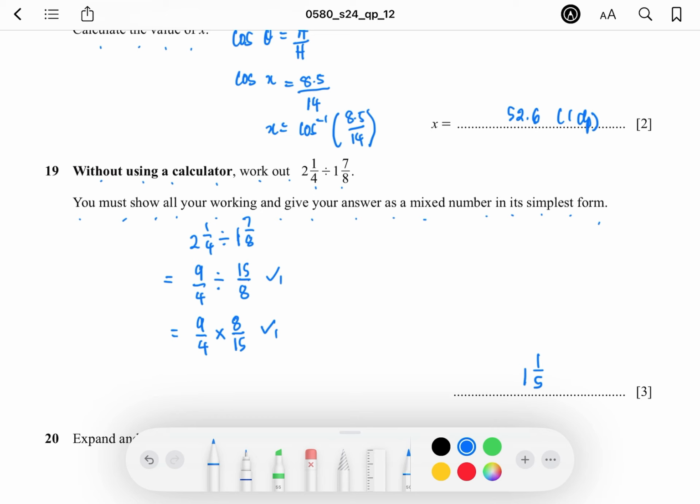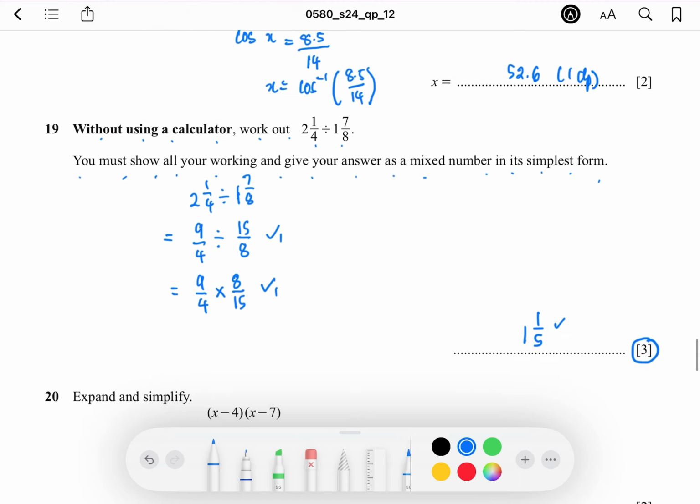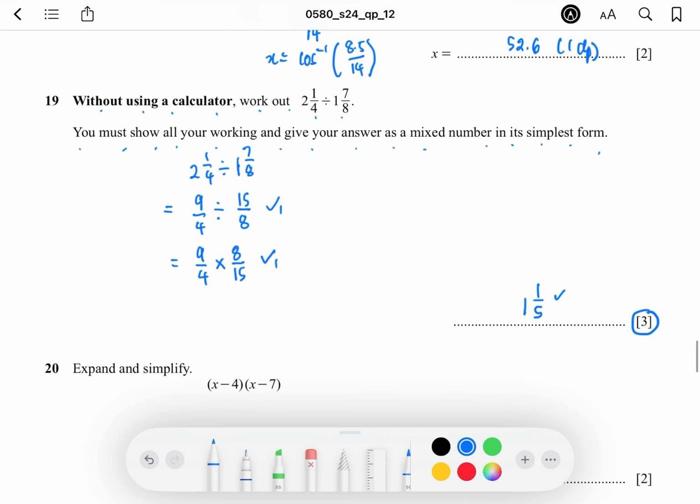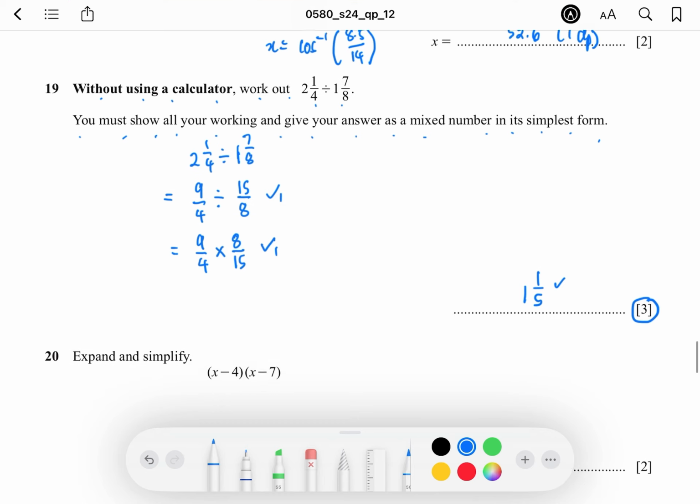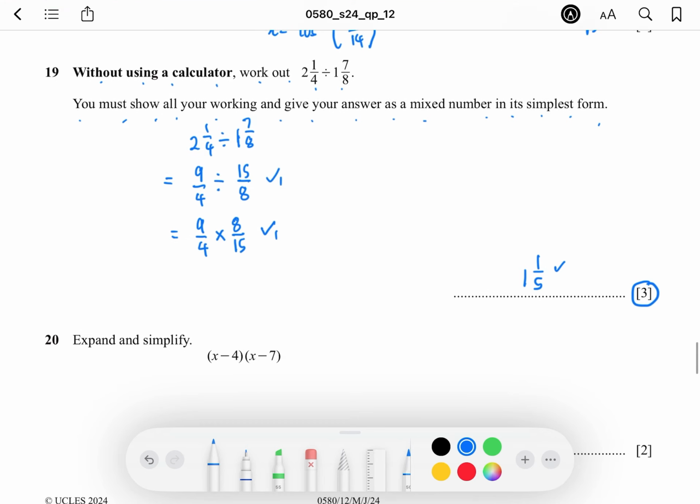But as long as you have these 2 steps written down and your final answer written down, you would get the full 3 marks. So that is how you can avoid making unnecessary wastage of time. Okay, use your calculator fully, but making sure that working needs to be written.